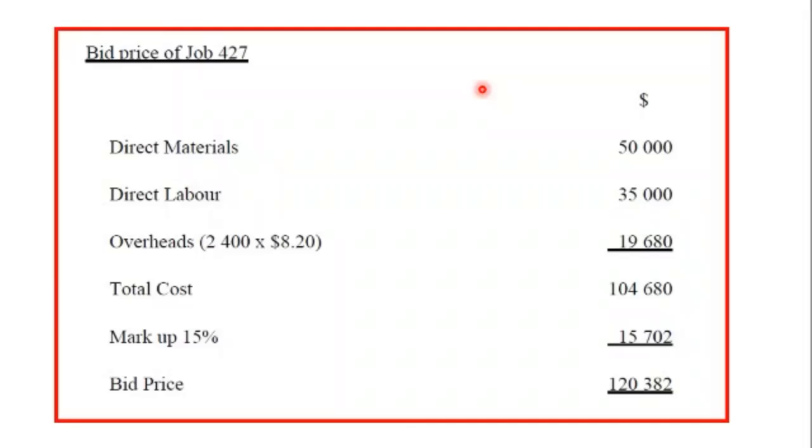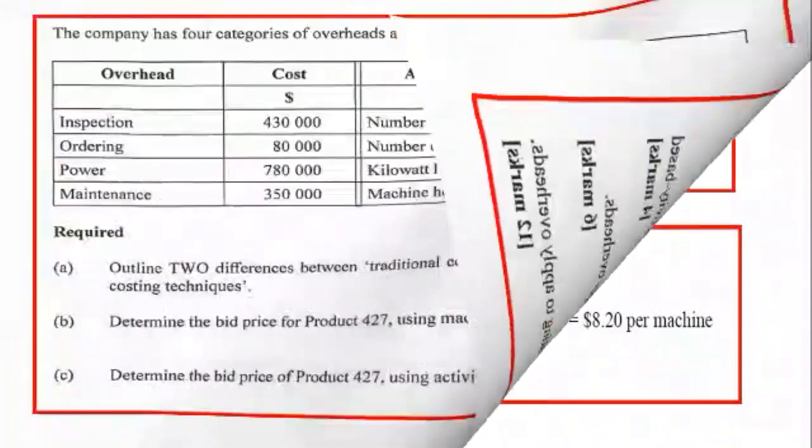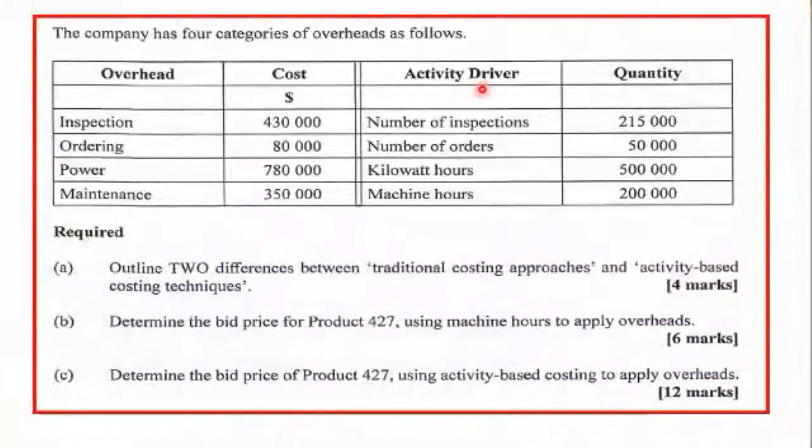The next part of the question wanted the bid price of product 427 using activity-based costing to apply overheads. 12 marks.